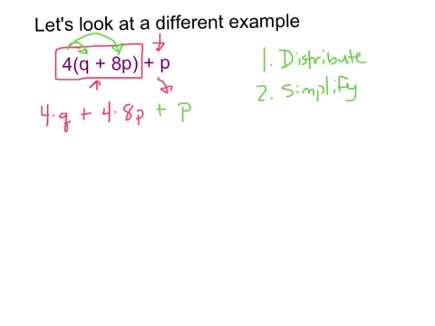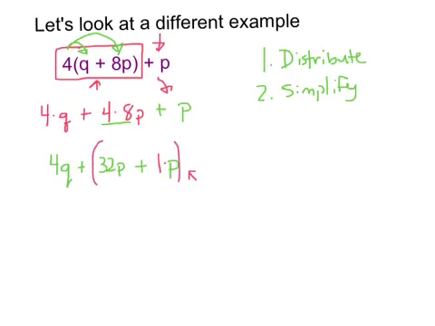So again, I can combine a couple of these things where I can do some multiplication. So I can multiply 4 times 8 pretty easily. So I get 4q plus 32p plus p. Now remember, what's unique about this p? It has a coefficient of 1. So this is really a 1p. So again, if I use my associative property here, I don't really have to commute because these are already next to each other.